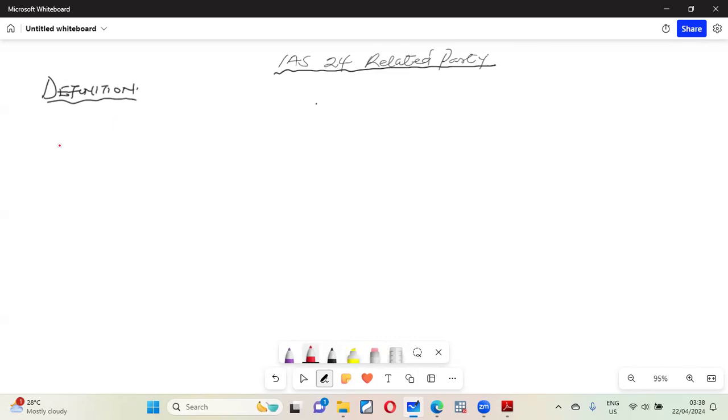So first of all, we say that a person or an entity is said to be in a related party relationship when that person or the entity is related to the entity preparing its financial statement.